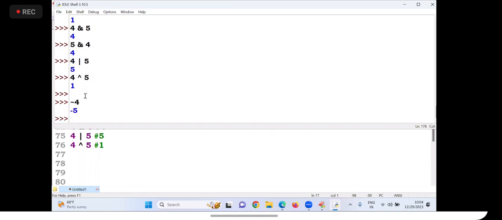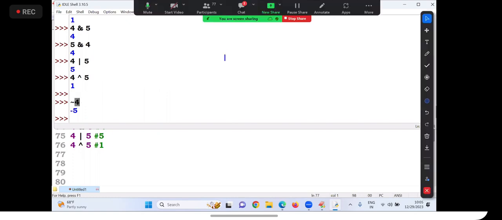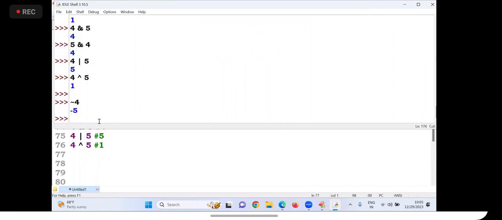How? You can consider negation of n. Any symbol you can take, sir. Negation of n means it will return minus of n plus 1. Any number you can take, check it. N value 4, 4 plus 1 is 5, minus of 5. You can take 4 or 5 values, then you will get clarity.